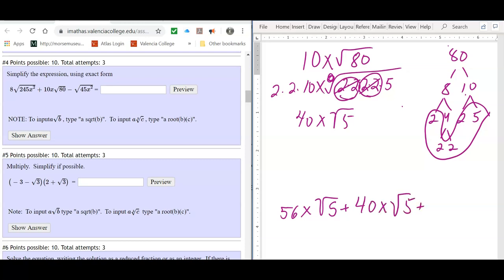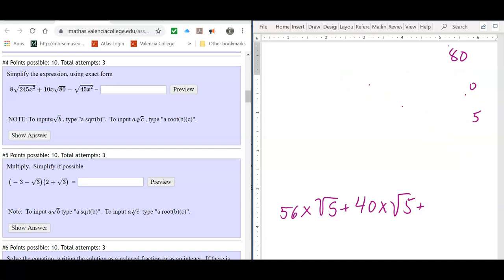We have one more radical that we need to simplify. This one here, oh, I'm sorry, was a minus. So let's make that be a minus coming up. So it is a 45x squared. So 45 is 9 times 5, which is 3 times 3.